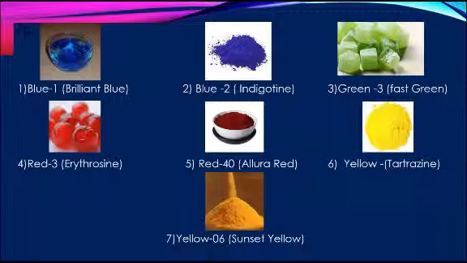If they are artificially colored, we see some kind of codes such as S13, S413. That imparts a color, such as blue 1, blue 2, green 3. So these are the codes of these colors.